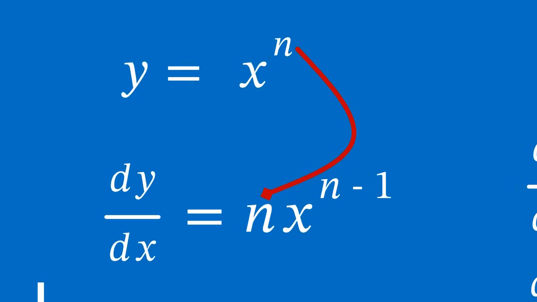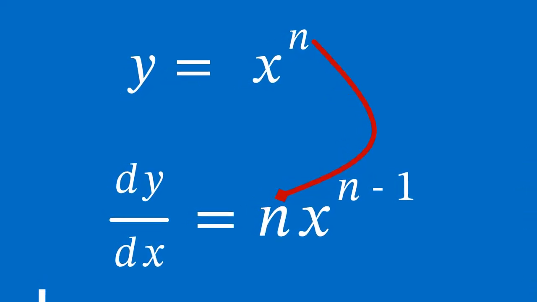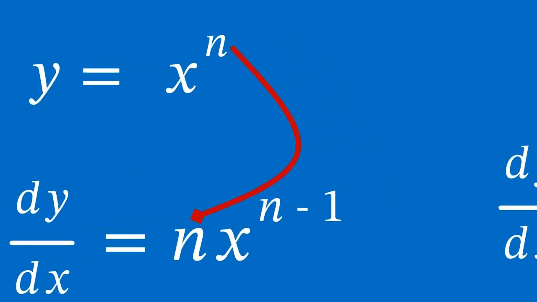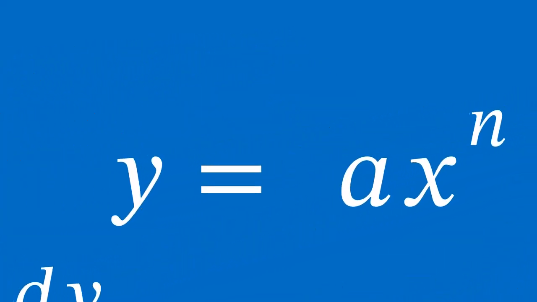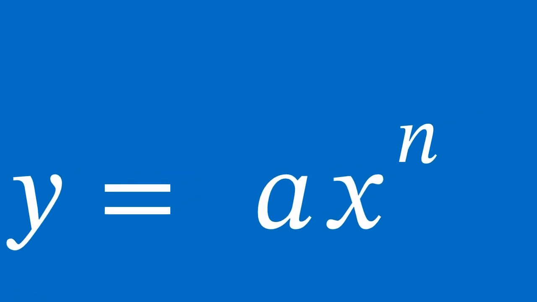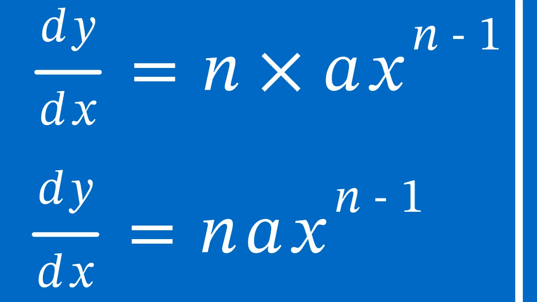By extension, if there is an existing constant beside the variable, like a, then as the power is coming down, it's going to multiply that constant. We are still subtracting 1 from the original power.